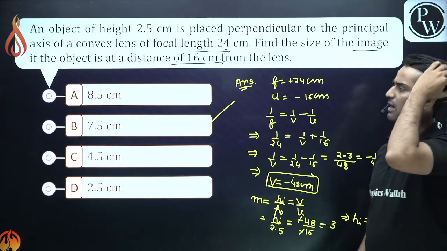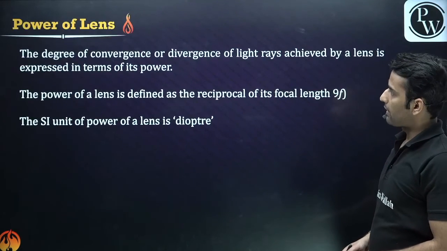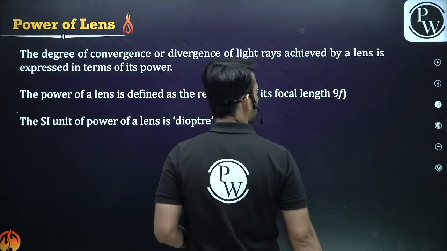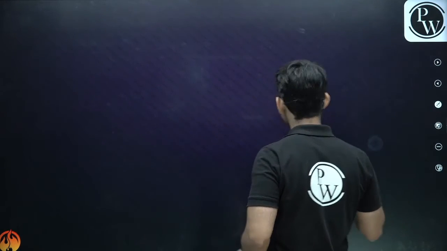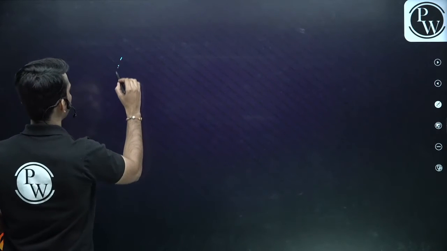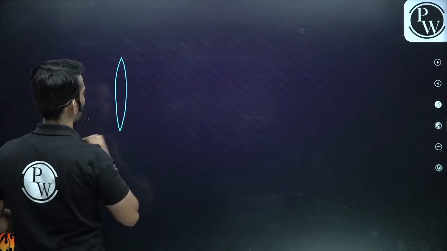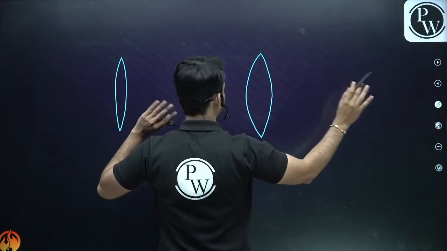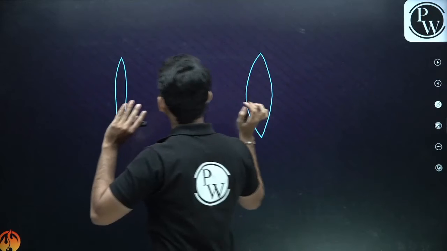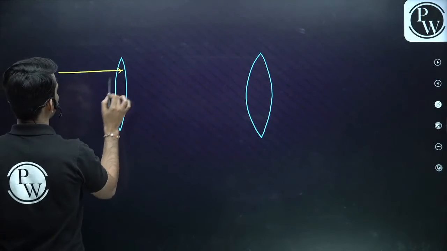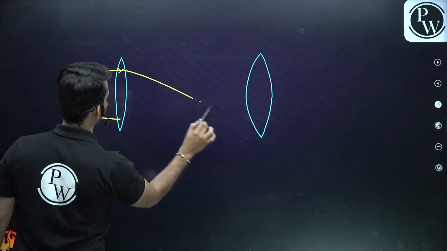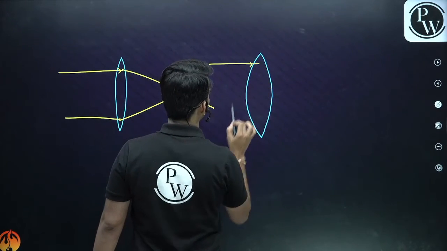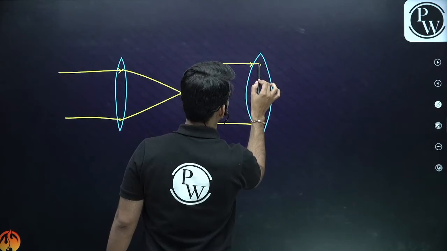Clear? Fine. Okay. So the last topic is power of a lens. So guys, before starting with power of a lens, let me tell you, suppose I take two lenses, right? Both have a different radius of curvature. So guys, let's say this lens converges rays here, but let's say this lens converges rays here.